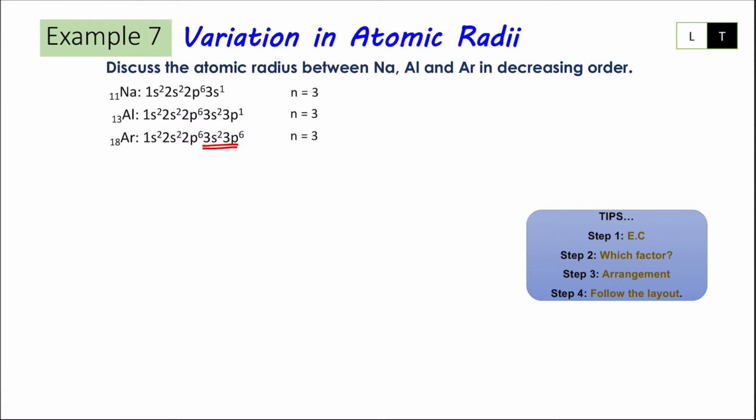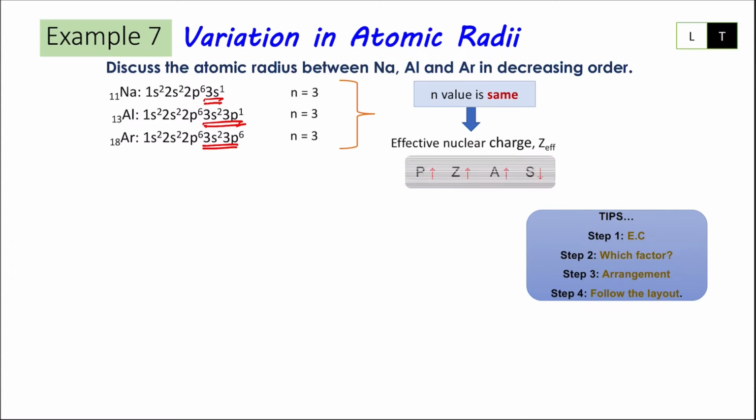You got here, here and here. So all of these got the same value. Hence, we can know that the factor will be effective nuclear charge, ZEF. Automatically, I'm going to use acronym PISAS.